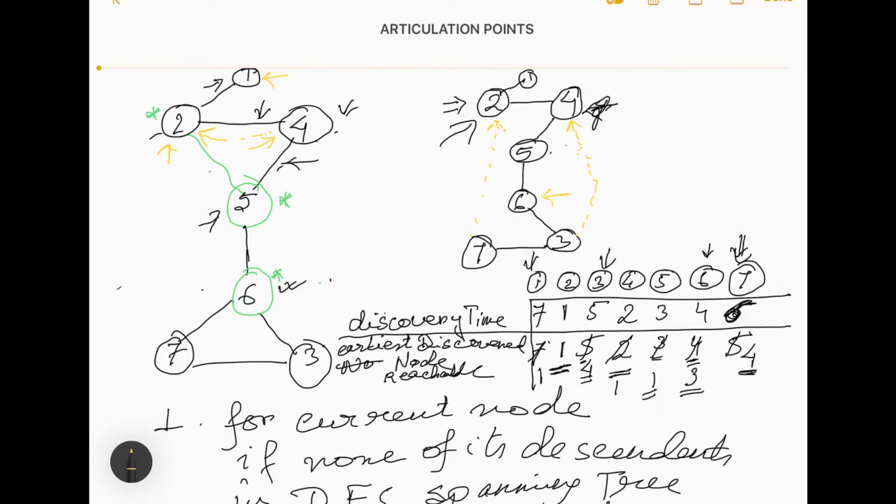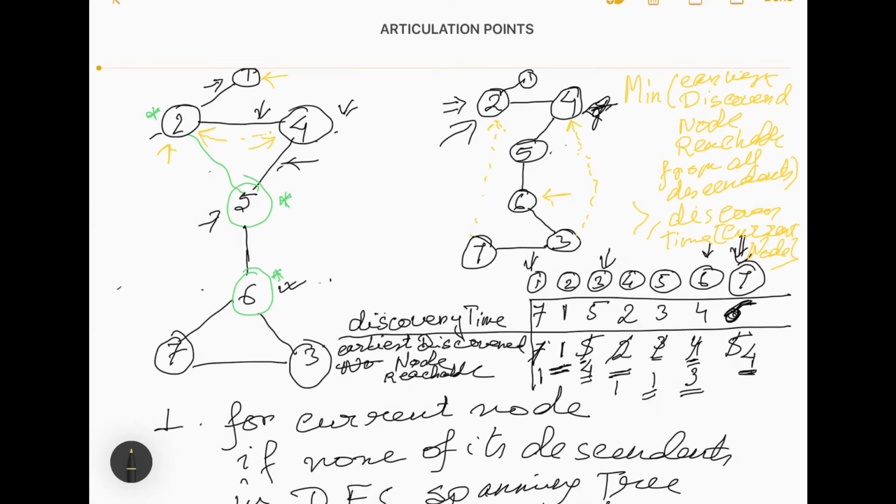So for every node we need to compare whether the minimum of the earliest discovered node reachable from all descendants is greater than or equal to the discovery time of the current node.